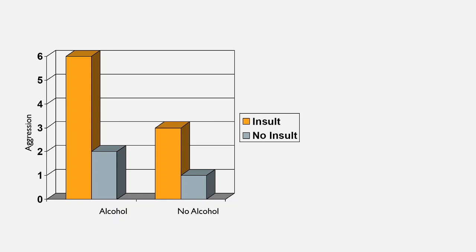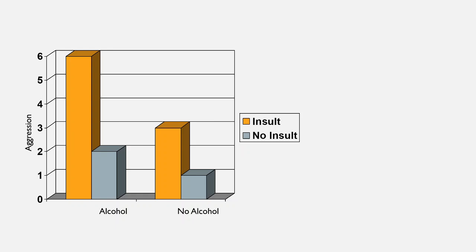You can tell a few things by eyeballing the data. You can tell, because both of the orange bars are higher, that insult by itself increases the level of aggression before alcohol is even considered. But you can see that the one bar representing the insulted people who drank was by far the highest.